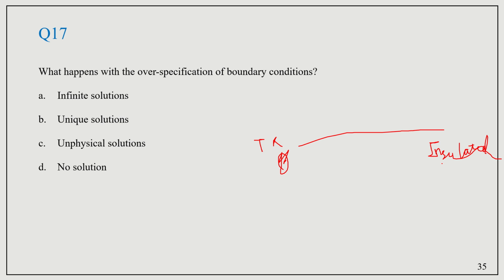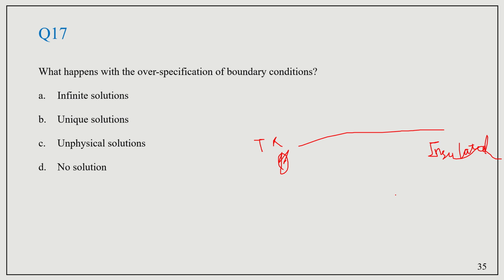But over specifying it, we cannot give two boundary conditions over here, right? We cannot give temperature equal to 100 degrees Celsius, and at the same time give it as an insulated wall, or temperature as something else. Those things we cannot actually do, because if we do, it will give some unphysical solutions.